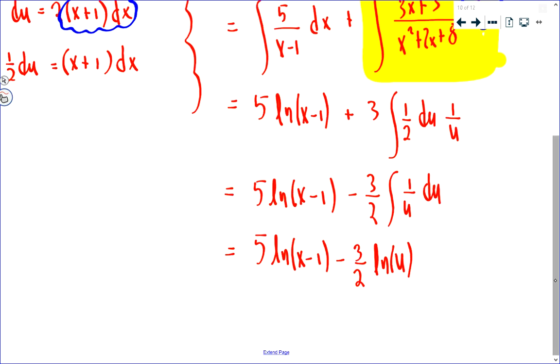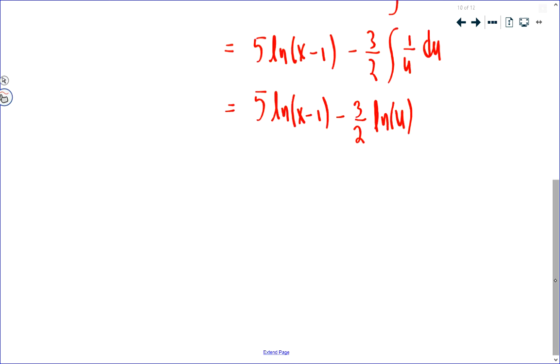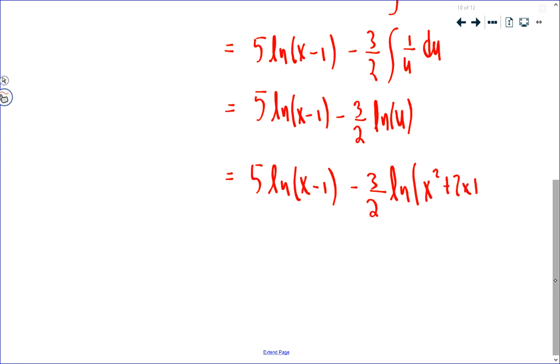So I can substitute that back in, and we get 5 times the natural logarithm of x minus 1 minus 3/2 times the natural logarithm of x squared plus 2x plus 8. Don't forget your plus c unless you want to lose half a mark when you do that next year.